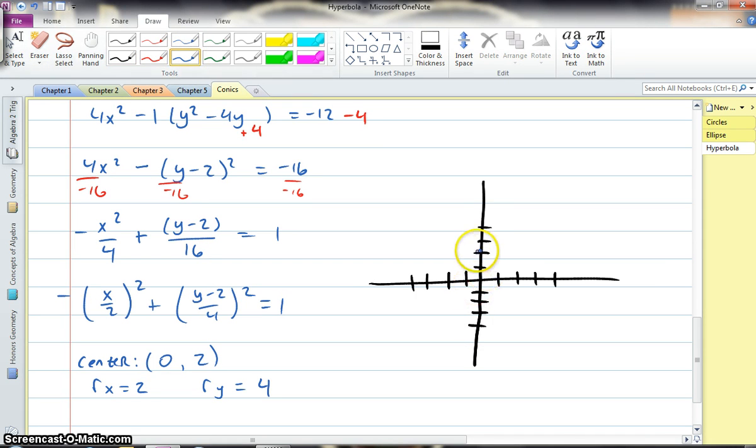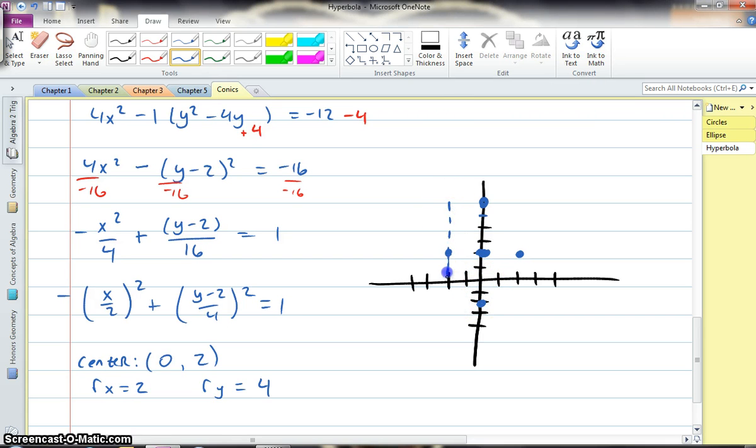My center is 0, 2. Radius x is 2, so I'm going to go right 2, left 2. Y is 4, 1, 2, 3, 4, and down 4, 1, 2, 3, 4.